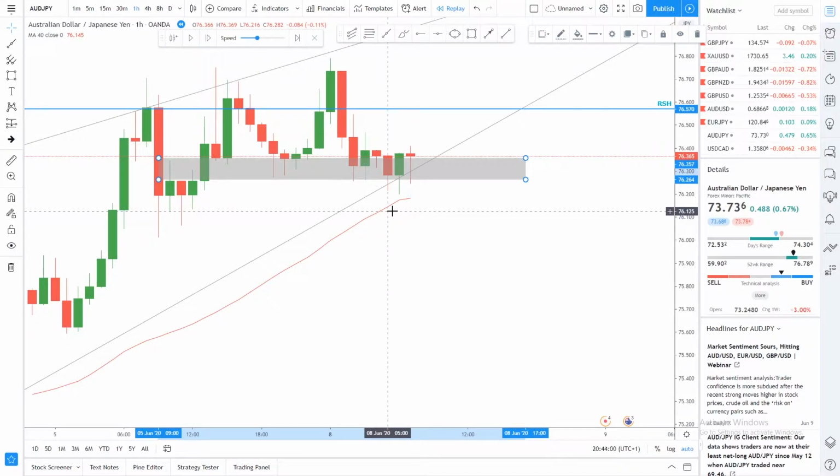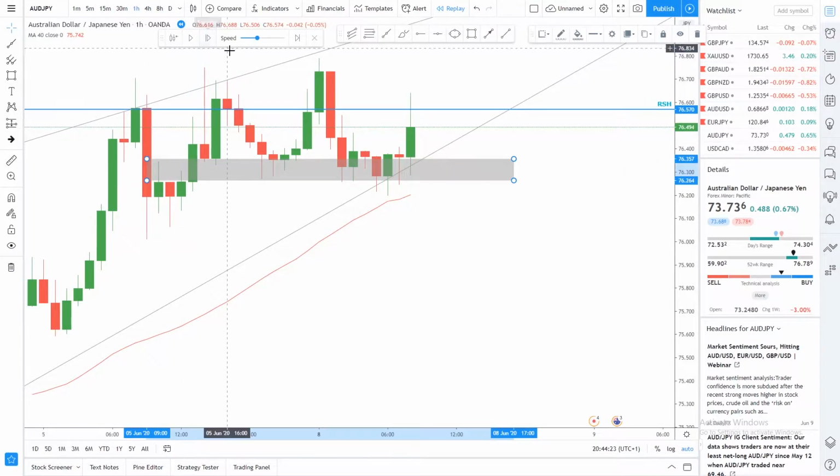Now at this point we're waiting for a breakdown to the downside, and then a sort of retest of a support or resistance, and then a candle entry on the 30-minute, 15-minute, to get the best entry, and then we start planning out our trade, putting our stop losses in place, putting our take profits in place, as well as entering.